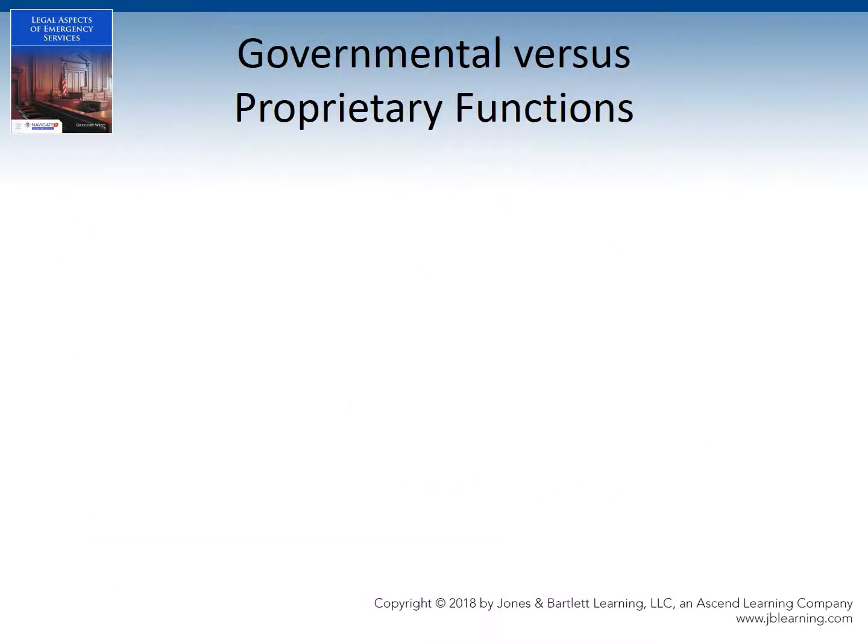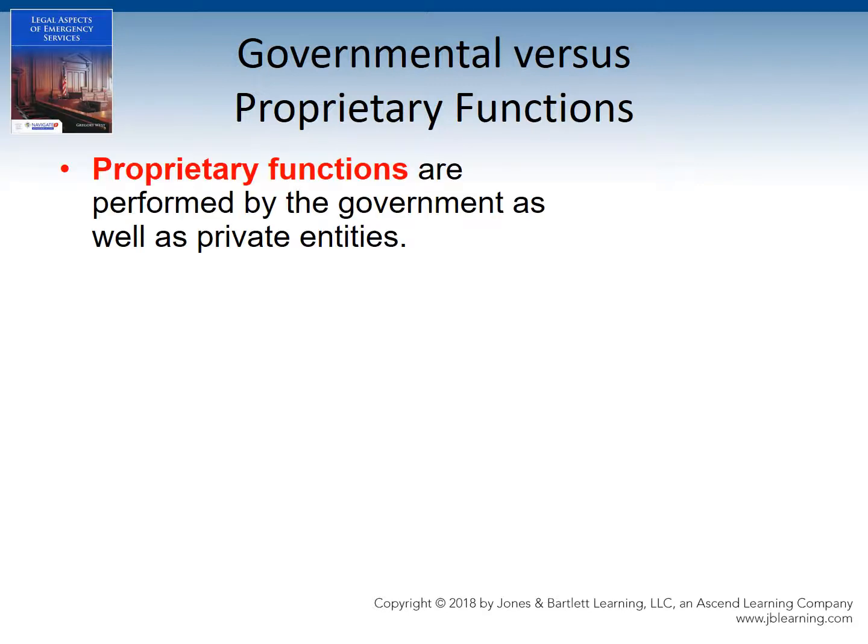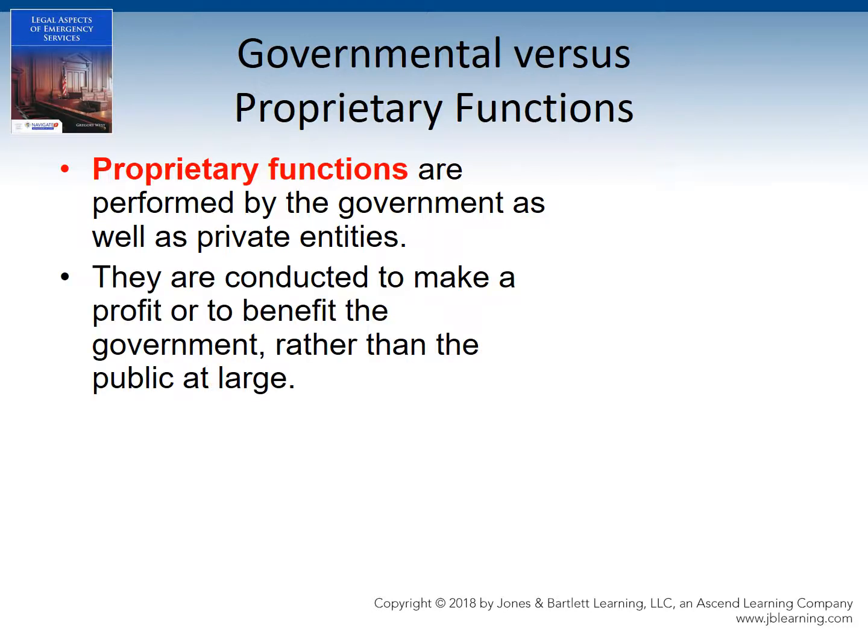Some tort claims acts also differentiate between the type of function being performed by the governmental entity. If the government is involved in what is known as a proprietary function, something that is well within the purview of private entities, tort immunity is commonly not provided for the governmental entity. Such proprietary functions are commonly conducted to make profit or to benefit the government as opposed to the public at large.